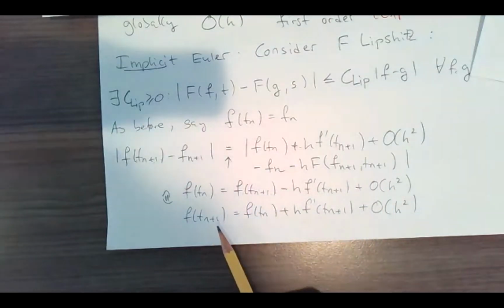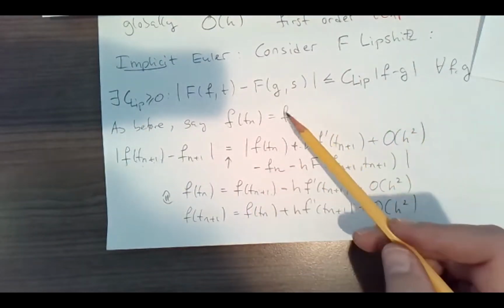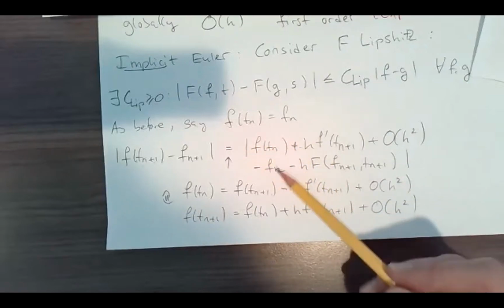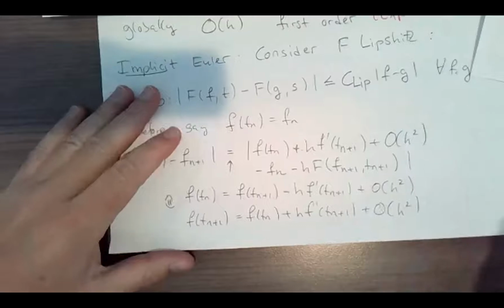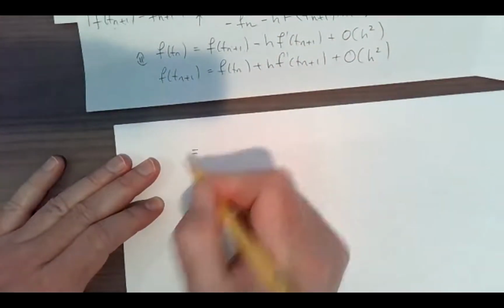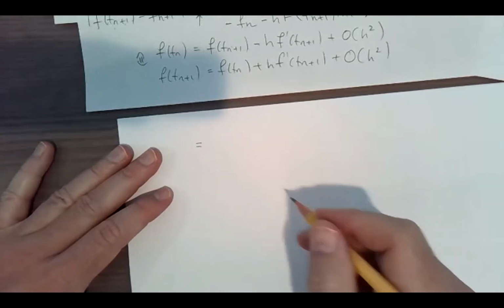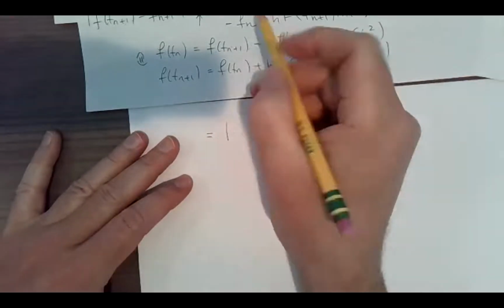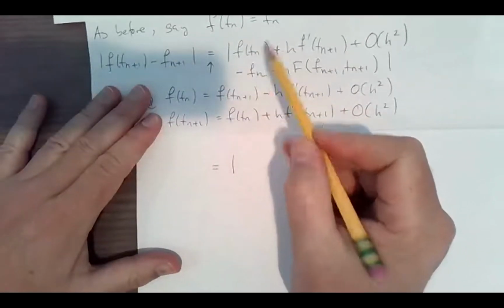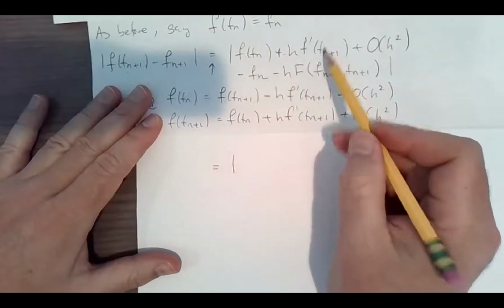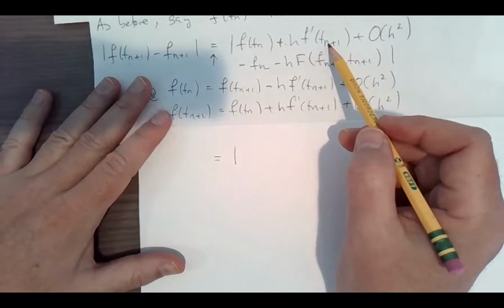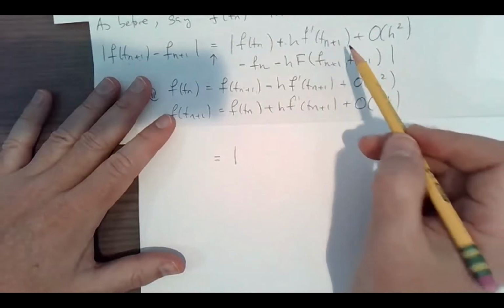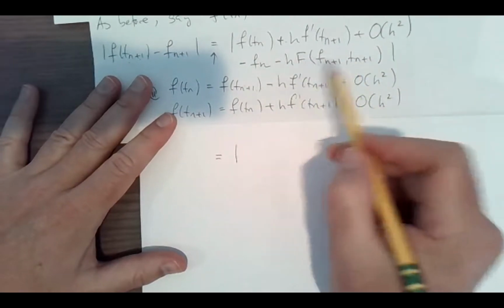Okay, so we need to simplify, and as before, we will simplify using what we had here, but what about over there? So this here becomes the f at t_n and the f_n. By assumption, they're the same. So here I'll have a difference, a difference f prime at t_n, and then you have this capital F at the approximation.